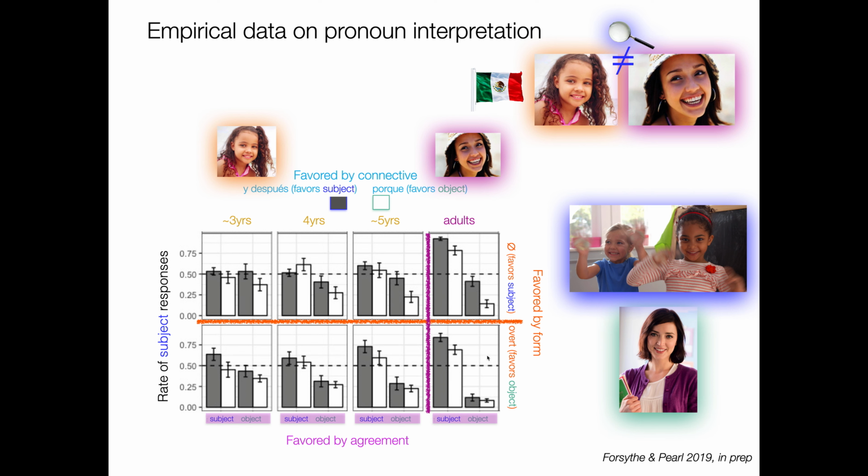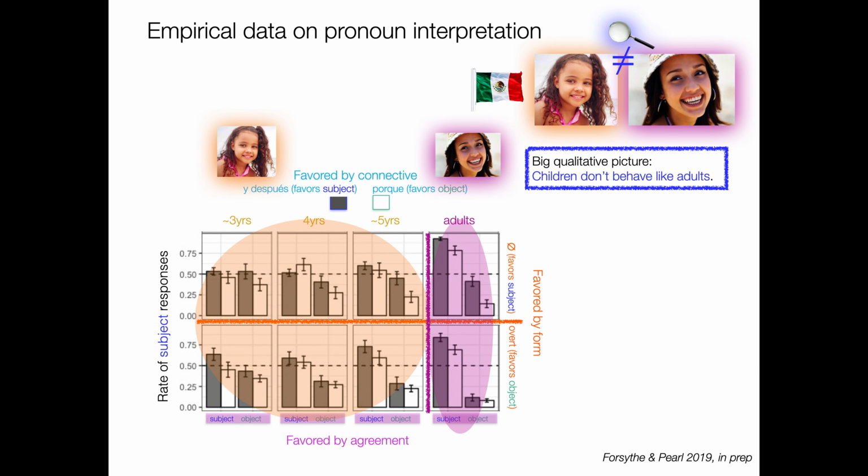Of course, there's a lot going on here, but I just want to highlight a couple of important things. The big qualitative picture for our purposes is that children don't behave like adults. Maybe the 5-year-olds look adult-like in the overall qualitative pattern, but there are definitely differences. Children are not adult-like, certainly not at all ages.